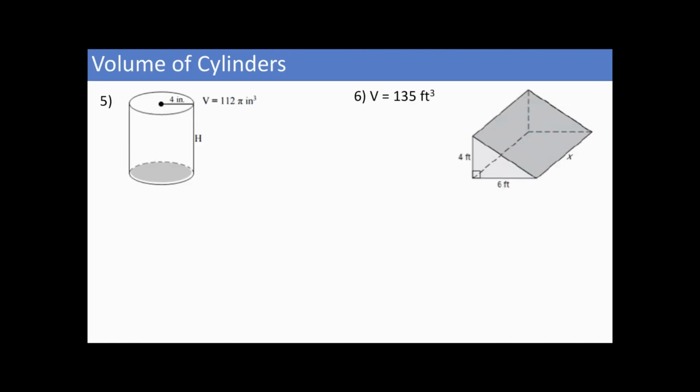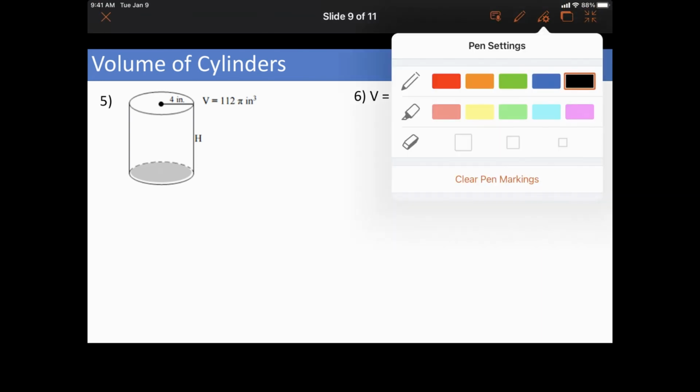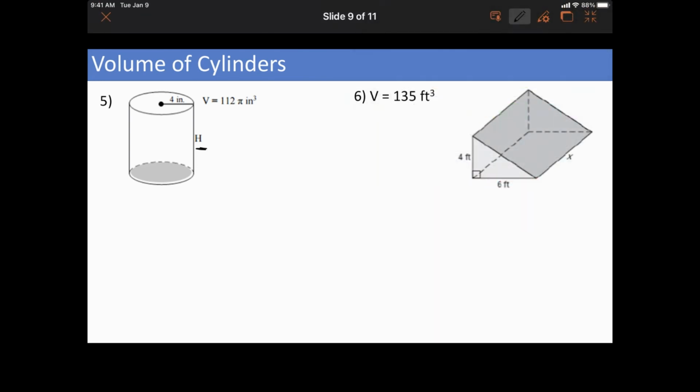All right, so what about these problems? What are we looking for? Well, it looks like here I'm looking for the h. So what's my formula? The formula is base times height. Well, what is my base? It's a circle. I'm looking for this, and I'm given the r.